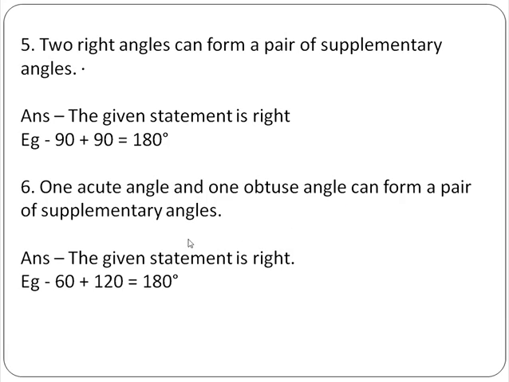So, we can say yes, the statement is right. If it is given always form, then the statement will become wrong. So 60 plus 120. If I take an acute angle of 60 degrees and an obtuse angle of 120 degrees, I will get the sum of the two angles as 180 degrees. Hence, the given statement is right.